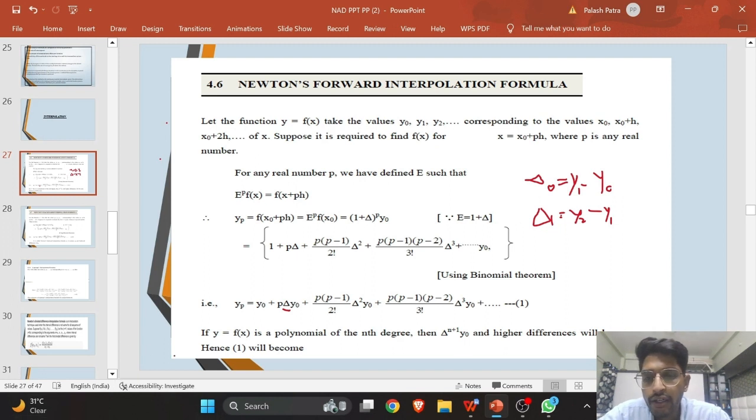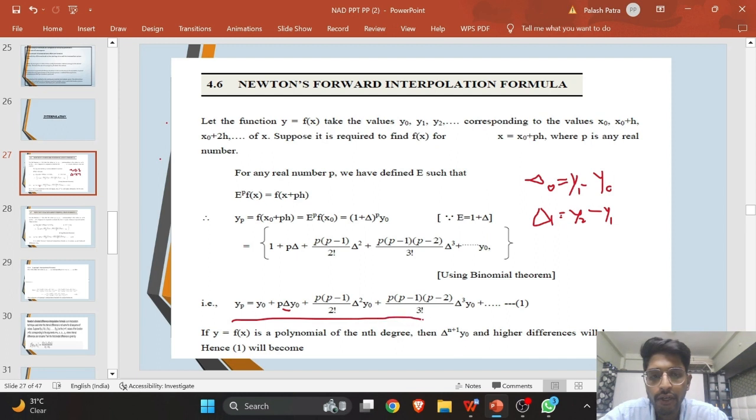So the final result of the Newton forward interpolation formula is yp equal to y0 plus p times delta y0 plus p(p minus 1) divided by 2 factorial delta square y0 plus p(p minus 1)(p minus 2) divided by 3 factorial delta cube y0, and so on. This is the required formula.